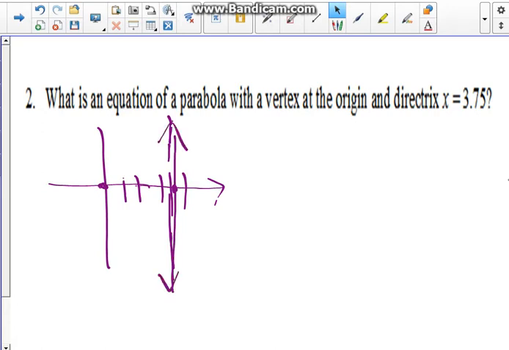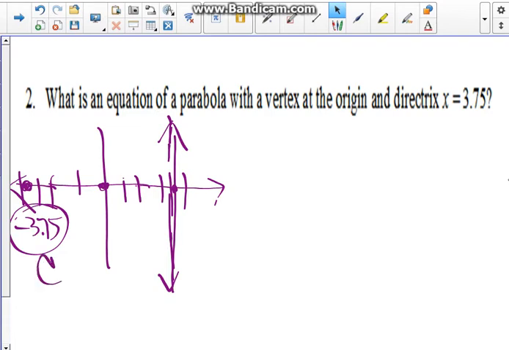That's the directrix. So that means that on the opposite side of our origin, it's equidistant from the origin. If that's at positive 3.75, we're going to be at negative 3.75 over here. And that is our focus point.